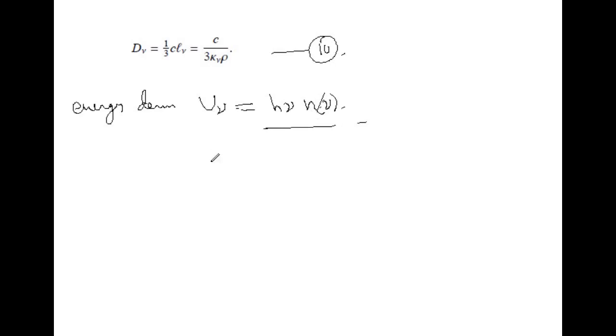And this relation we are well conversant with. Basically this is proportional to the Planck function for the intensity of black body radiation.